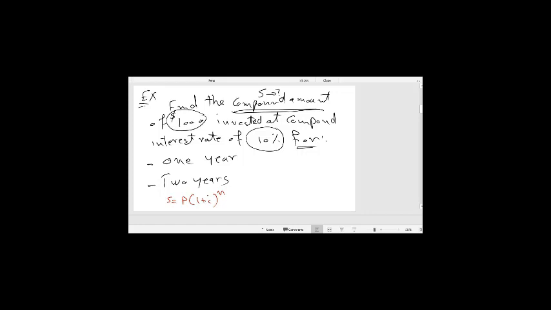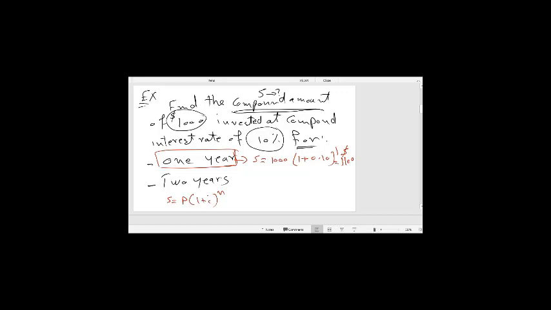Here, if the term is 1 year, also T or time, then the compound amount will be S equals 1,000 times 1 plus I, 0.10, to the power 1. This gives $1,100.